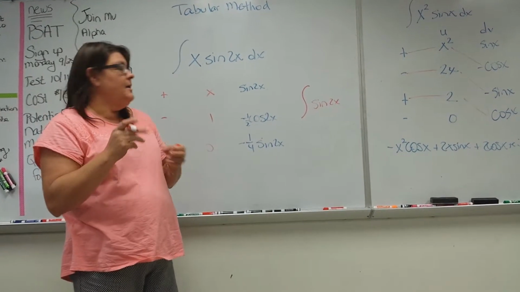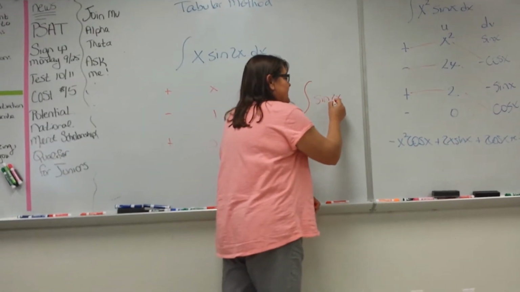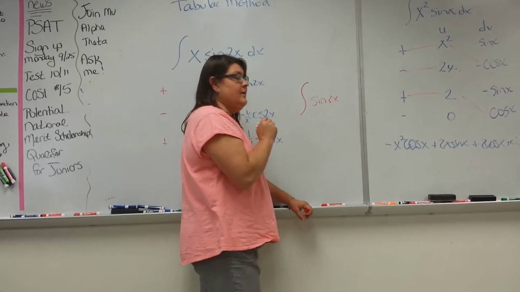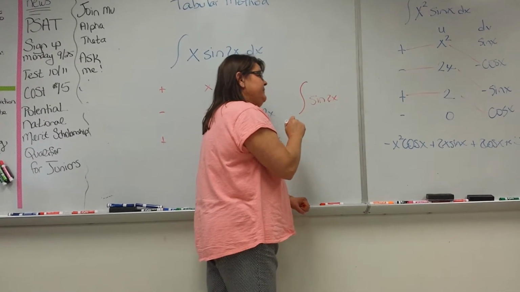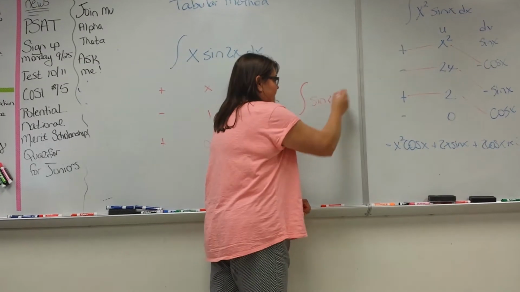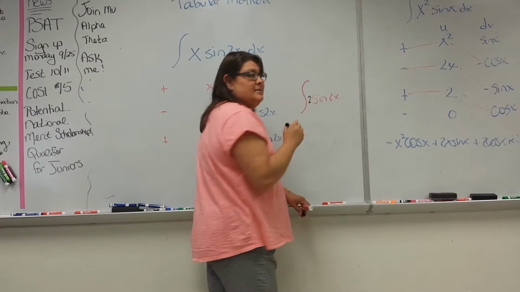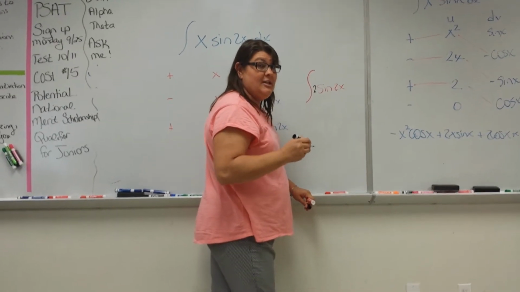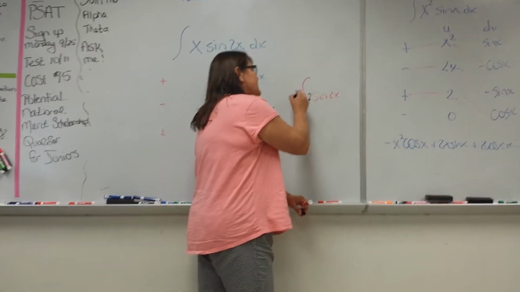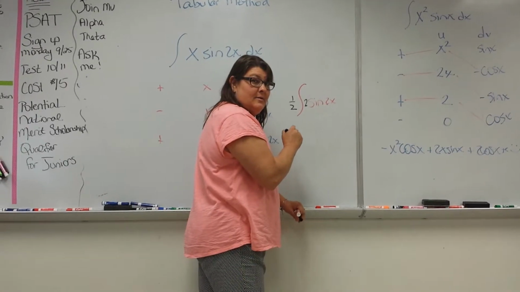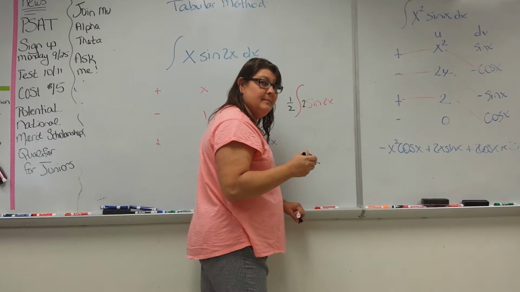But the problem is we have a 2 in here, so for me to do that, its derivative has to be attached somewhere. So I'm going to stick a 2 in here, which changes it, so I pull out the 1/2. That's where that 1/2 comes from.